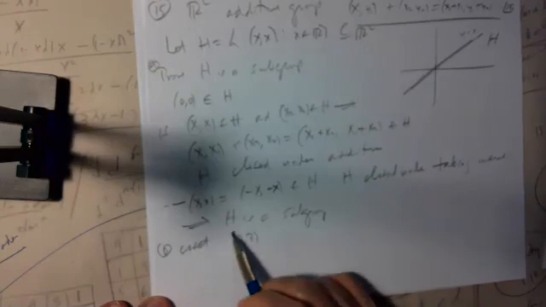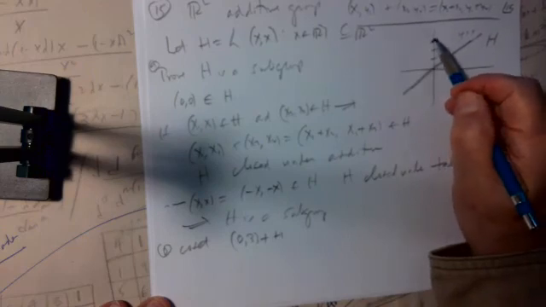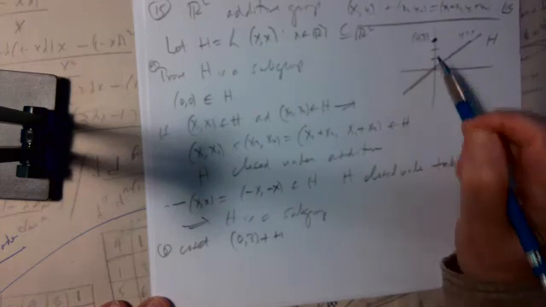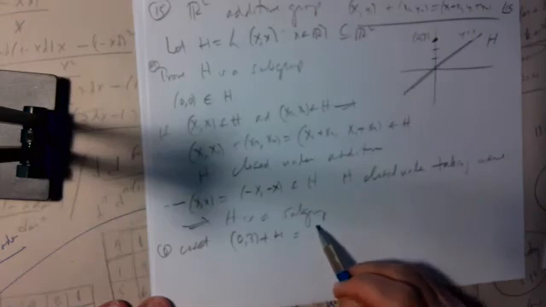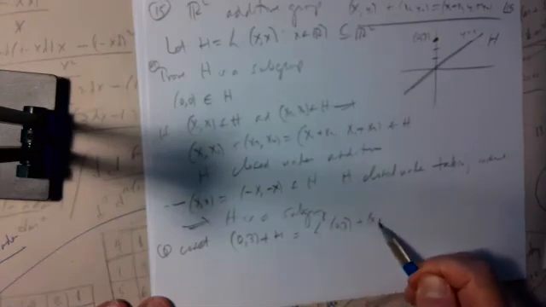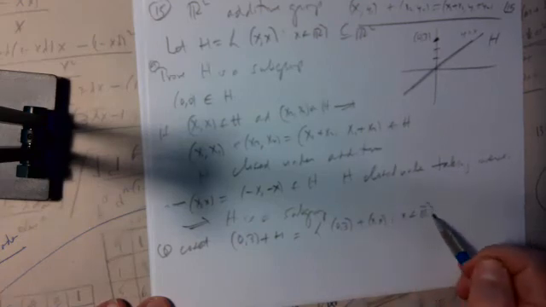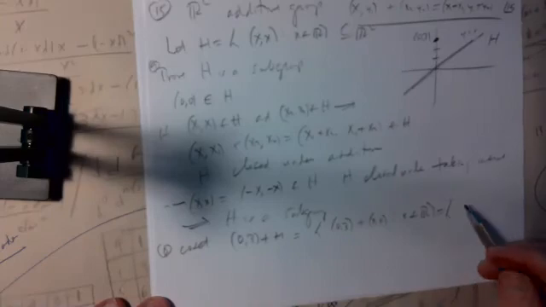What is the coset 0, 3 plus H? Here's the point 0, 3 in the plane. So this is every vector of the form 0, 3 plus x comma x. If I add these, I get x comma x plus 3.